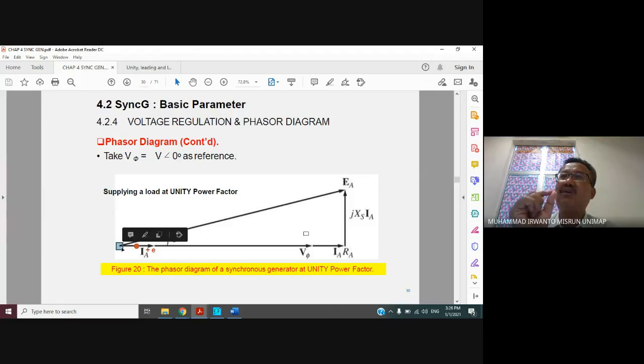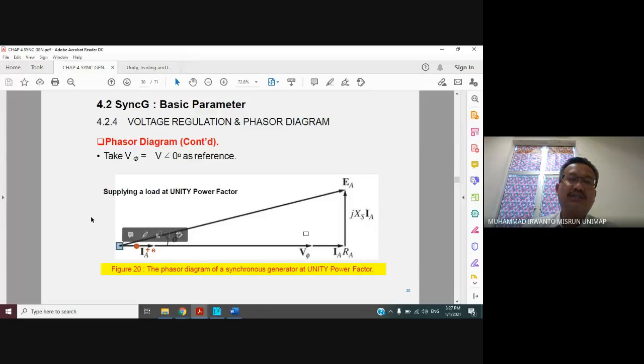From the complex number we can write in phasor form. Phasor form has a magnitude value and an angle. So all the voltages must be written in phasor form, with their angle.